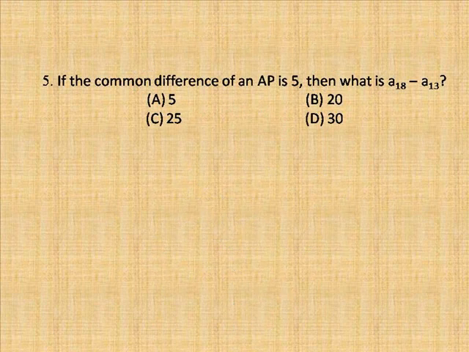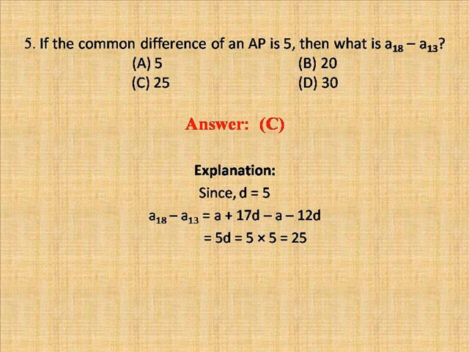Question number 5. If the common difference of an AP is 5, then what is a18 minus a13? You have 4 options. Answer is option C, that is 25. So explanation is there.